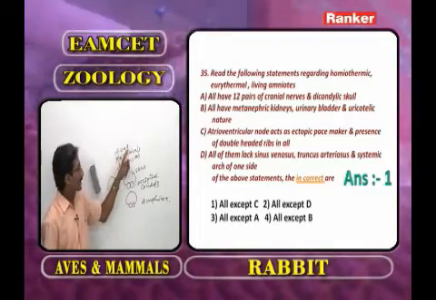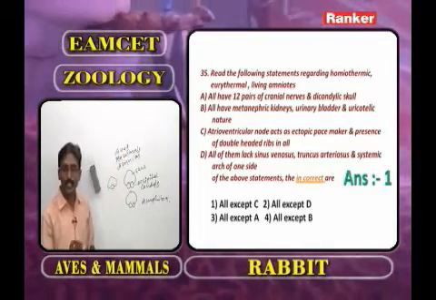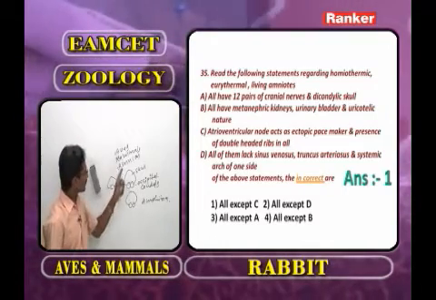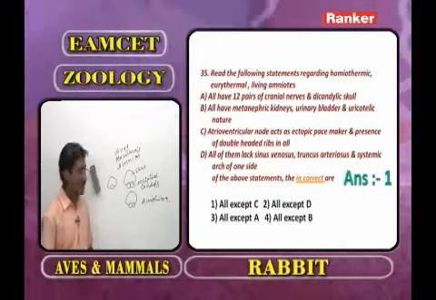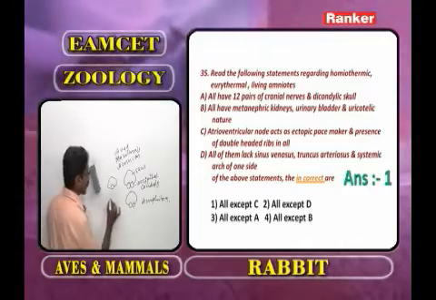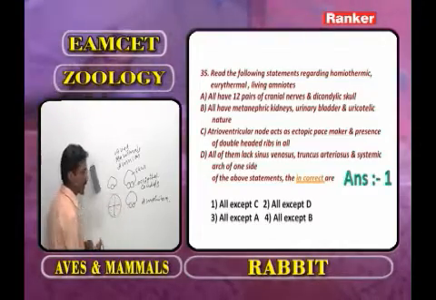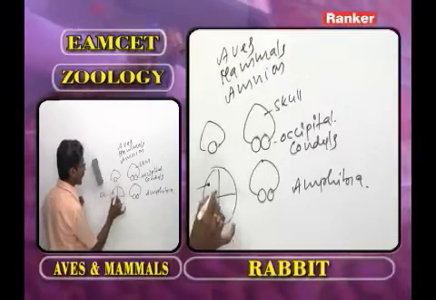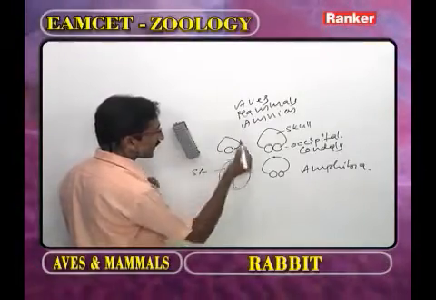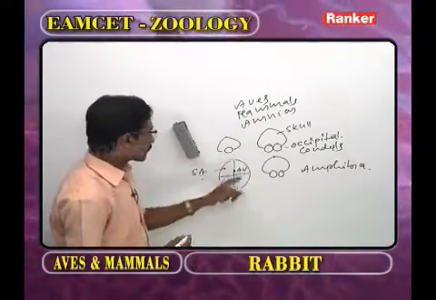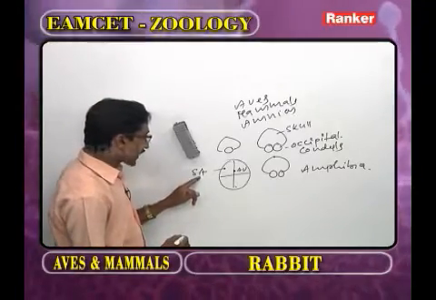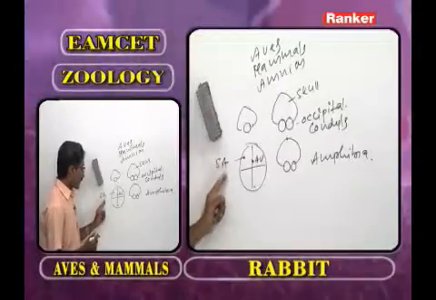Third, in aves and mammals, in the heart, how many nodes are present? Two nodes. One we call the SA node, and the second one the AV node. The number of nodes is 2. But what is the pacemaker? SA node. Whenever the SA node is not working, the AV node works as a pacemaker.